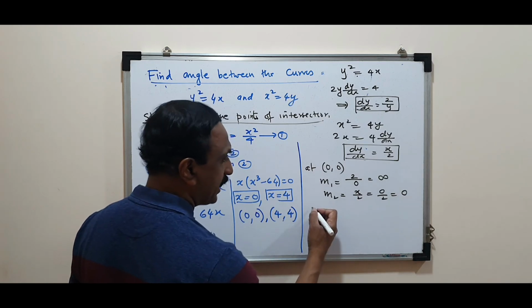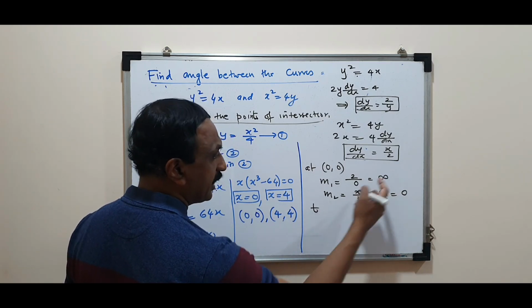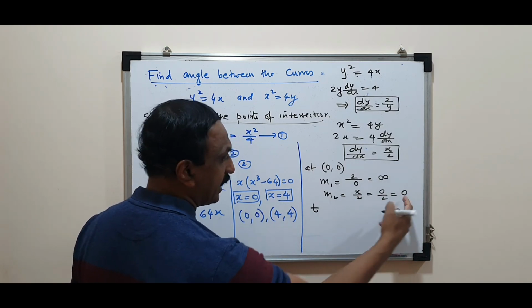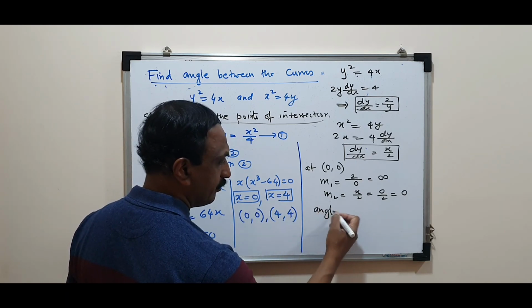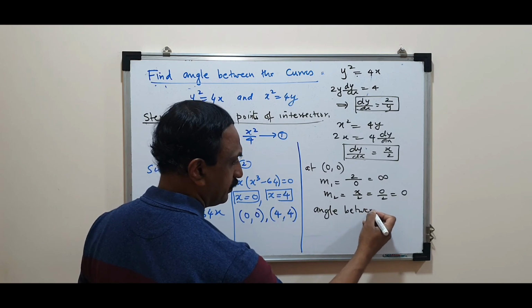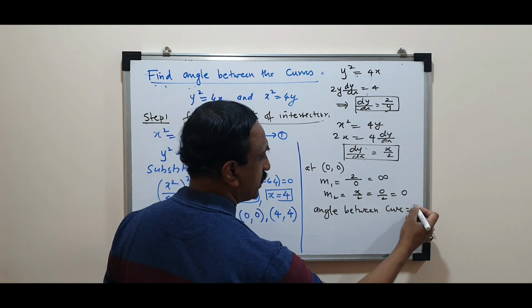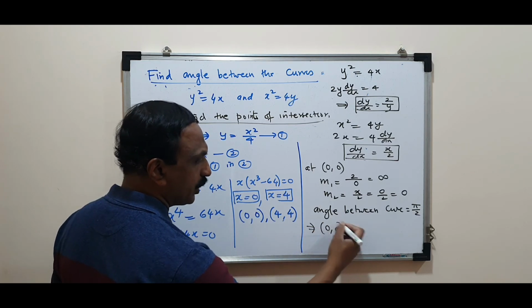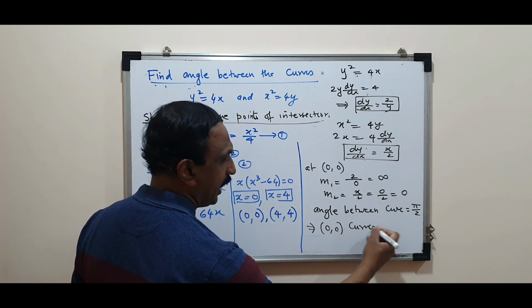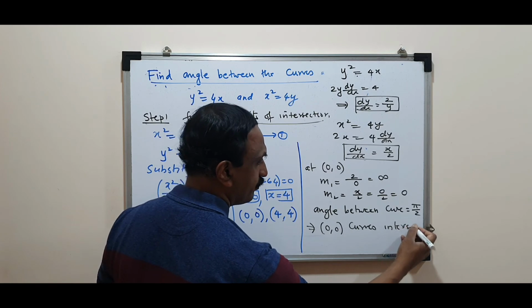So the first tangent is perpendicular to x-axis, the second tangent is parallel to x-axis, so the angle between the curves is 90, which implies at (0, 0), the curves intersect orthogonally.